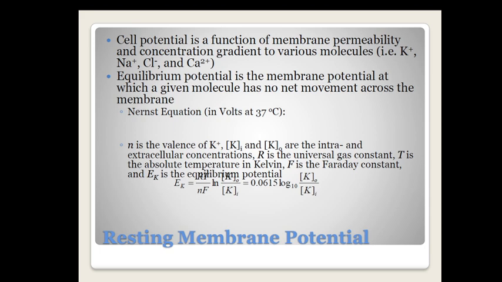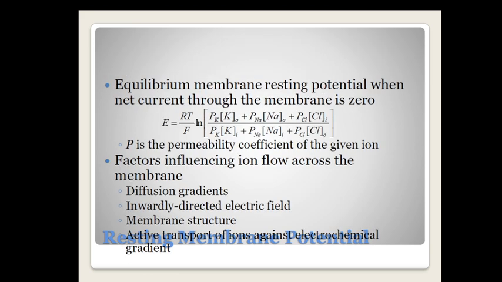Here the potassium intra and extracellular concentrations are denoted by I for intracellular concentration and O for outer cellular concentration. Equilibrium membrane potential is when the net current through the membrane is 0. So here E is denoted as the potential at 37 degrees centigrade.